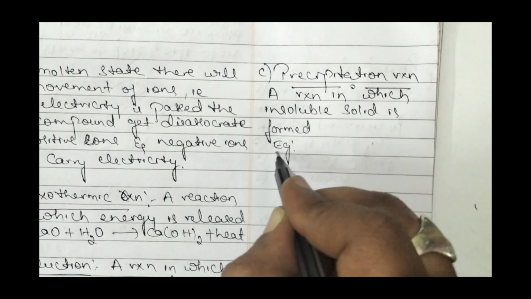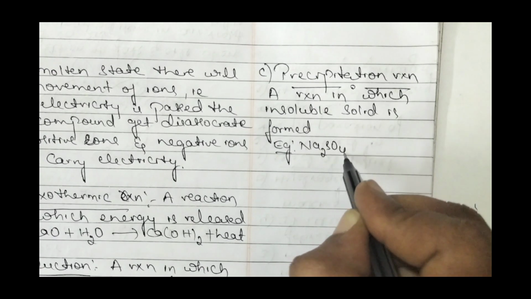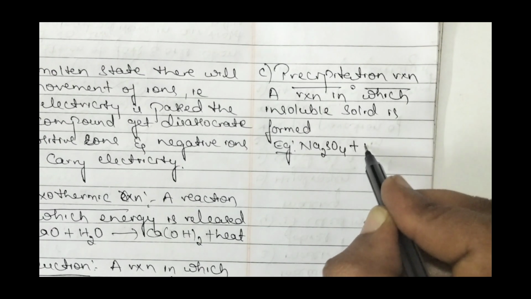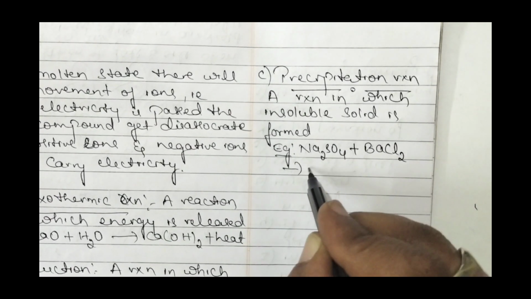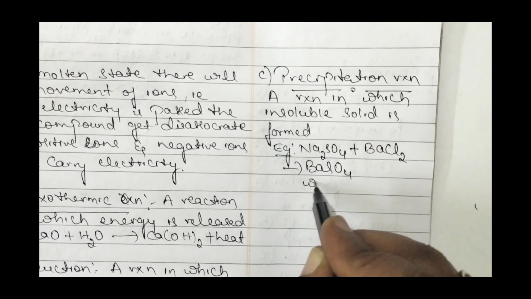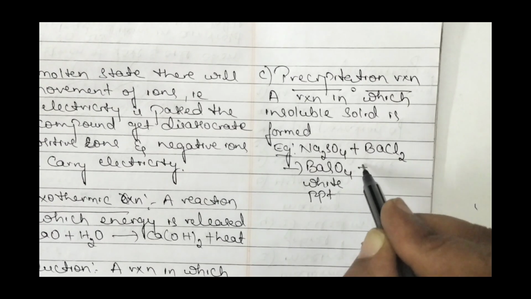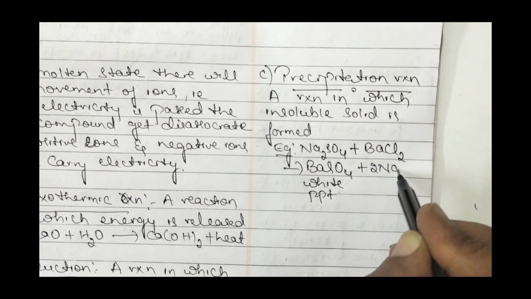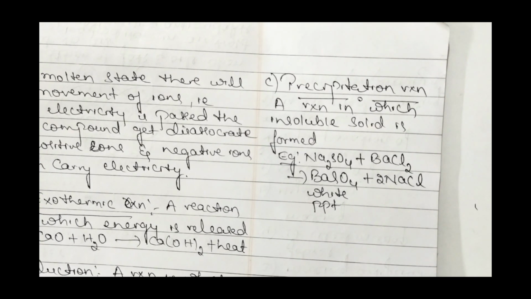Example: sodium sulfate reacts with barium chloride to form barium sulfate. This barium sulfate is a white precipitate, plus sodium chloride. This is an example for precipitation reaction.